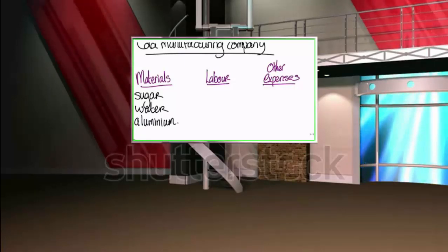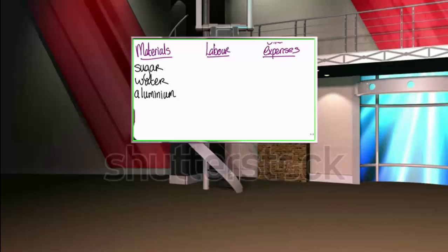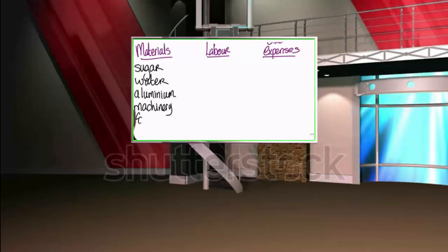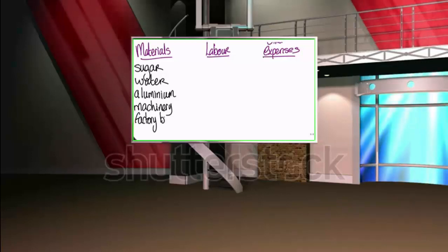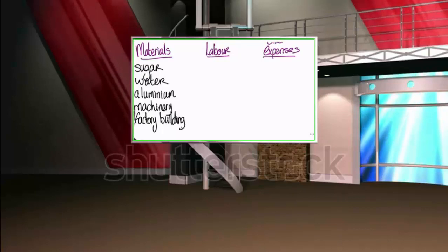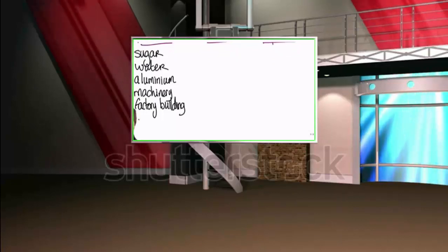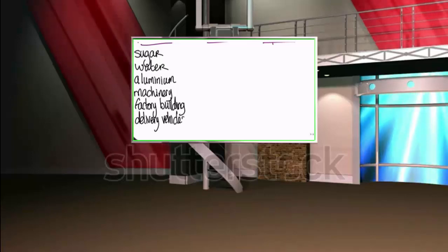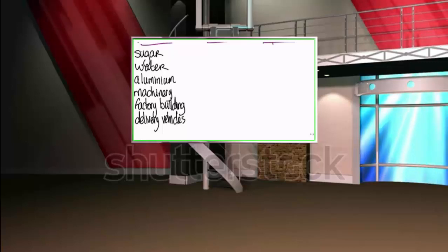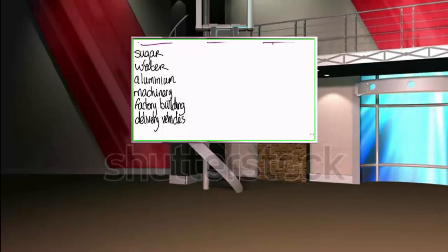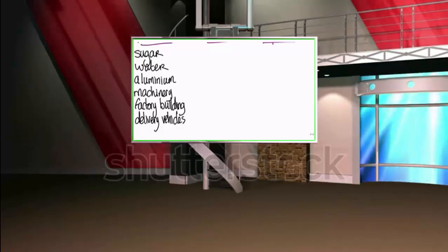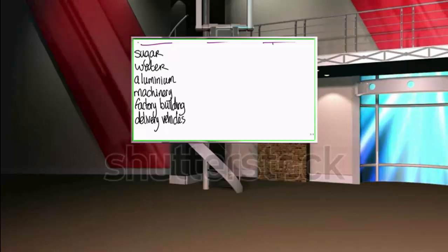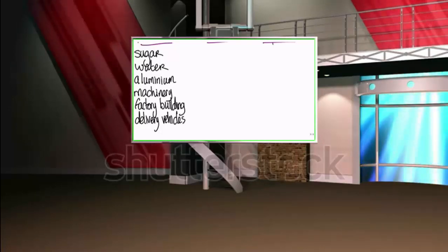Other material costs, if we're producing cans of cola, presumably we'll have some machinery in our factory. We'll have a factory building. And we will probably also have some delivery vehicles in order to distribute all of these cans of cola to our customers. So that's plenty in our materials cost column. You get the idea. Anything that's tangible that we can physically touch is a material cost.